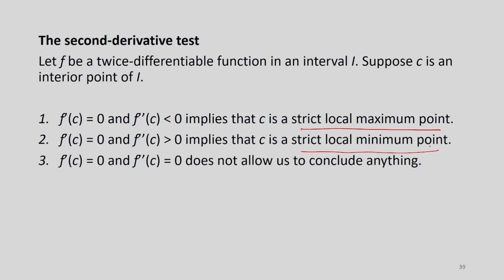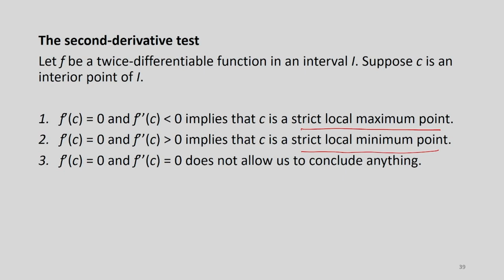So, in the second case also you have this property of strictness, which means that f of c is strictly less than f of x for any x in the neighborhood of c.